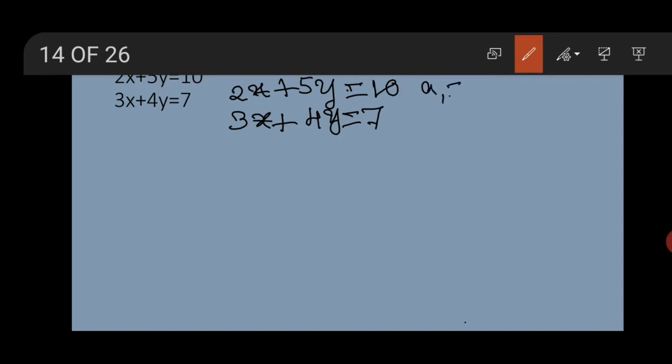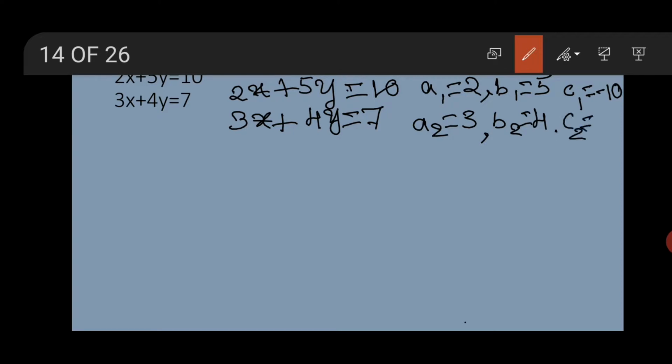A1 is equal to 2, B1 is equal to 5, and C1, writing it in the standard form by carrying 10 to that side, is minus 10. Here A2 is equal to 3, B2 is equal to 4, and C2 is also minus 7, because carrying plus 7 to the same side of 3x plus 4y, it becomes minus 7.